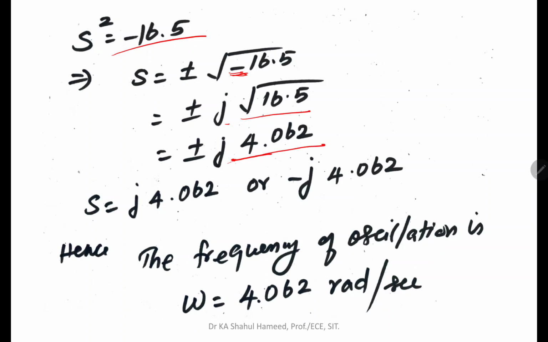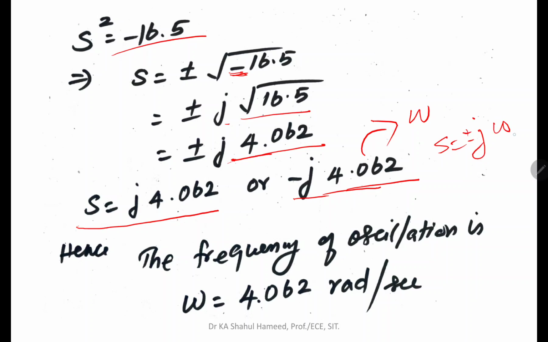So I can say that s is equal to j 4.062 or minus j 4.062. So this is nothing but omega, because s is equal to plus or minus j omega. So the omega value is 4.062. This is the oscillating frequency. Hence the frequency of oscillation omega is equal to 4.062 radians per second.